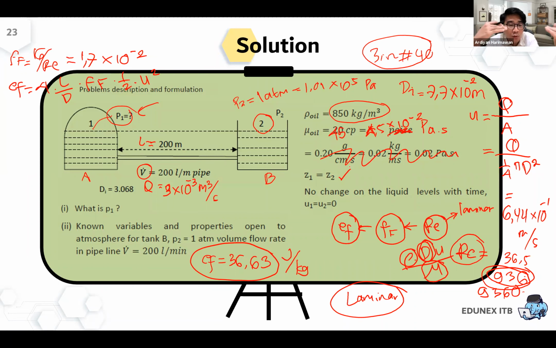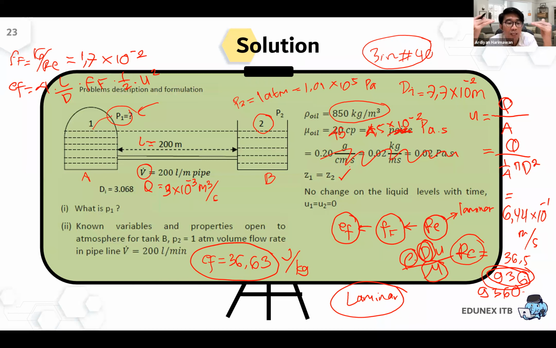And then how about the velocity? You have potential, kinetic, and pressure, and then you have energy loss in Bernoulli now. From the potential energy, you have no difference in height, so there will be no change of the potential energy.